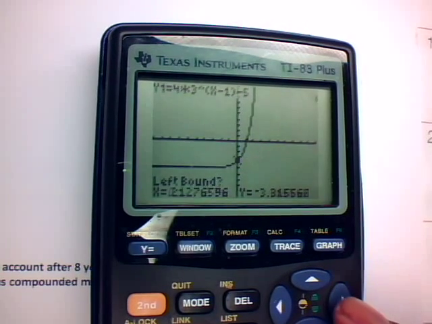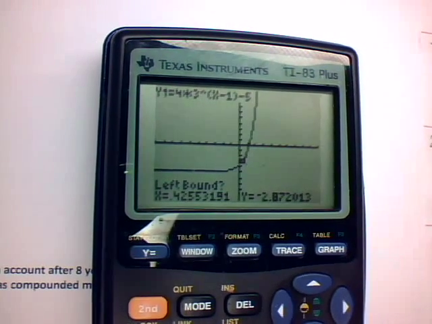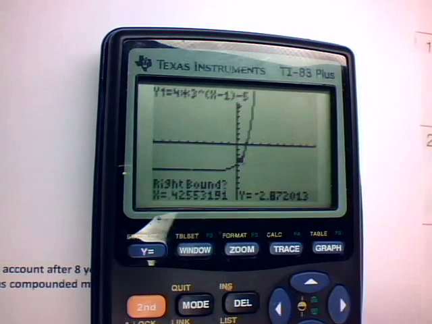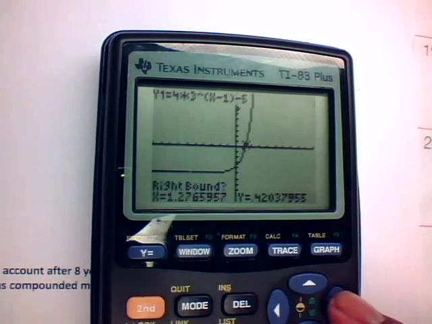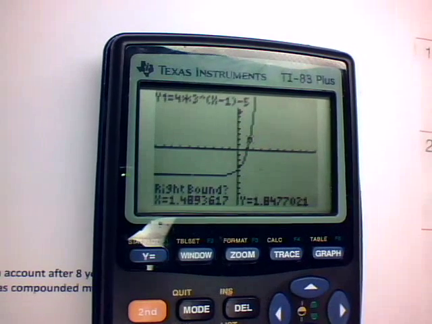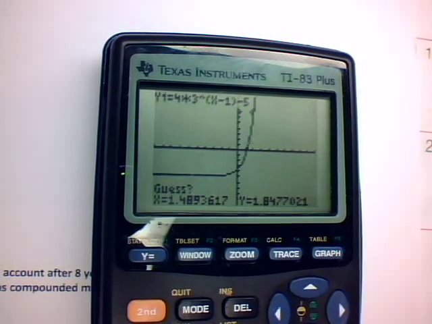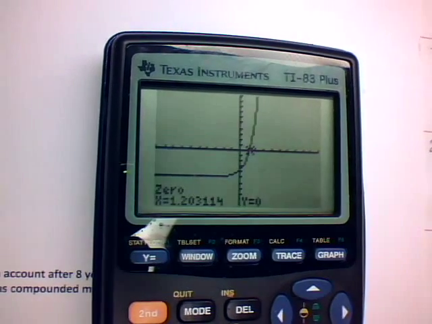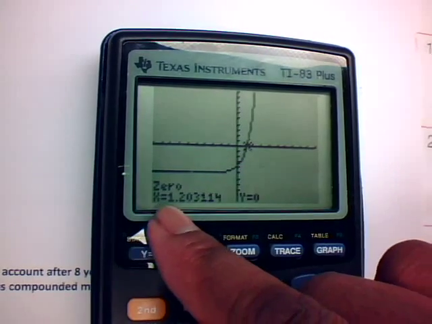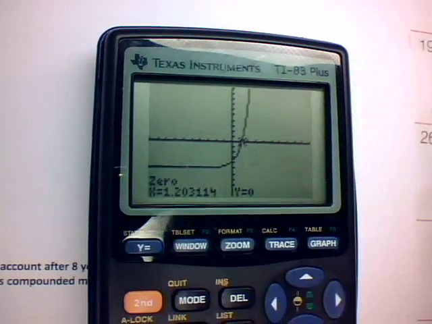Now you want to put the cursor below that x-intercept, and then press enter. Then for right bound, you want the cursor to be above the x-intercept, and then press enter. After which you'll press enter again, and that's going to be your zero to 2 decimal places, which is 1.20.